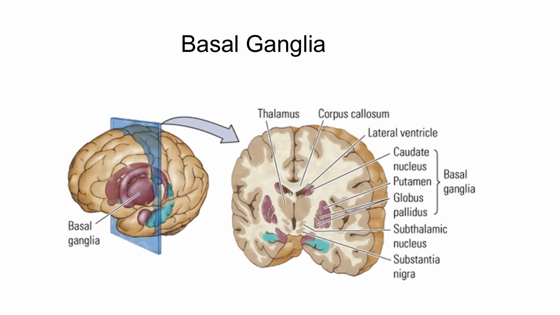Okay, so let's start off with the basal ganglia. Basal ganglia in Latin technically means lower nodes. The basal ganglia are a collection of nuclei, and they form a circuit with the outside cortex. The basal ganglia, again, are subcortical structures, which means they are located under the cortex.